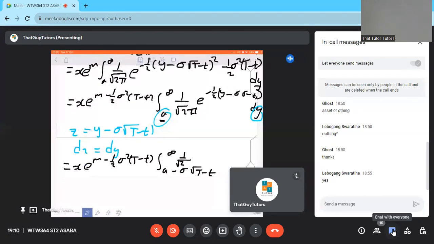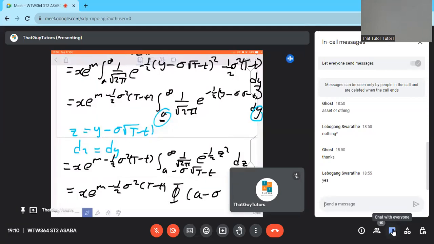And then, yeah, this would be it. So you would have your x e^(m minus 1/2 sigma squared (T minus t)), and then the cumulative distribution of the standard normal of a minus this, minus this. So this would be your solution of the first part. Do you guys have any questions?